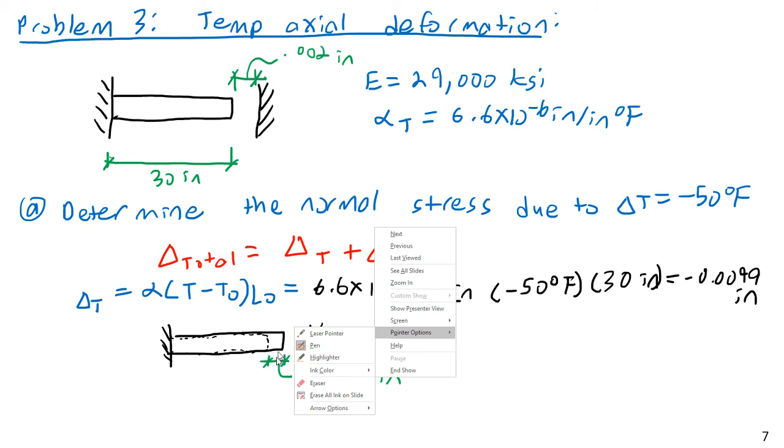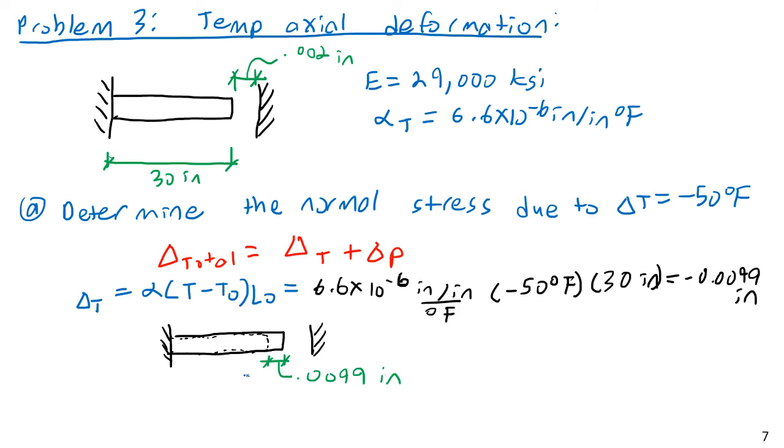And so then I can work through the stress equation, or the deformation equation. You'll see delta P is PL over AE, equals, well, this is the deformation due to load. Delta P equals PL over AE.